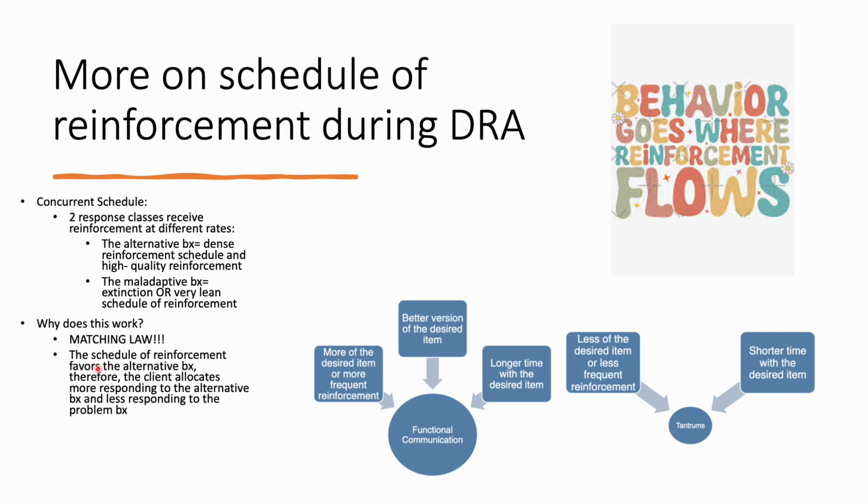Basically, if you receive really high quality reinforcement for a particular behavior, you're more likely to allocate your responses towards that particular behavior because you're receiving high quality reinforcement or reinforcement very frequently. Whereas if you have a behavior that you're receiving very low quality reinforcement and very infrequent reinforcement, you may still allocate some of your responses to that schedule, but it'll be very minimal. Or what'll happen is you're just going to allocate the majority of your responses, or all of your responses, to a schedule where you're receiving very high quality reinforcement. Okay, so that's why this is okay.